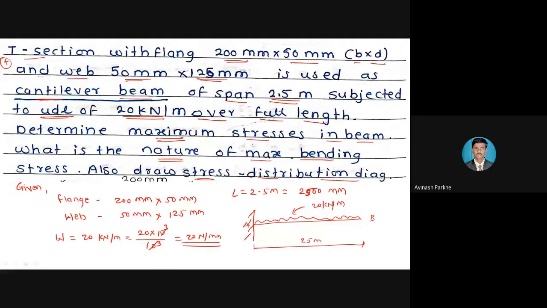Now by using the flange and the web dimensions, here I will draw the T section. So try to draw this particular figure in your notebook also. The T section is given. So flange dimensions are 200 mm by 50 mm.